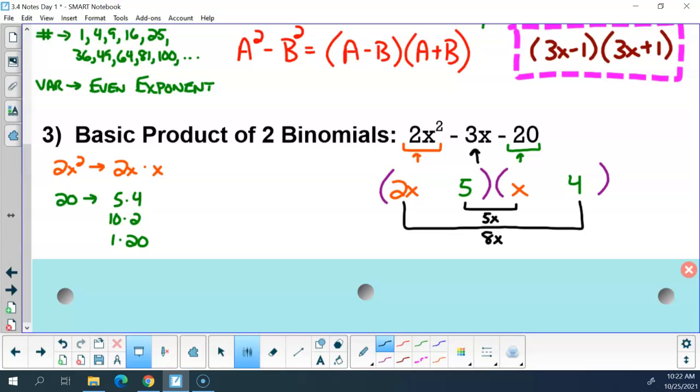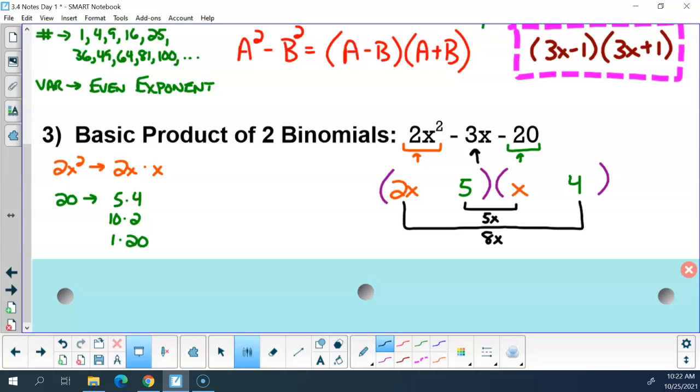Can I get 3 out of that one? Yes, but I got to subtract, right? So which one needs to be negative? The 8x one needs to be negative, right?